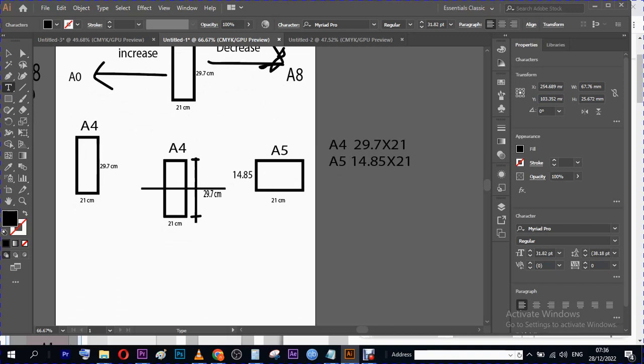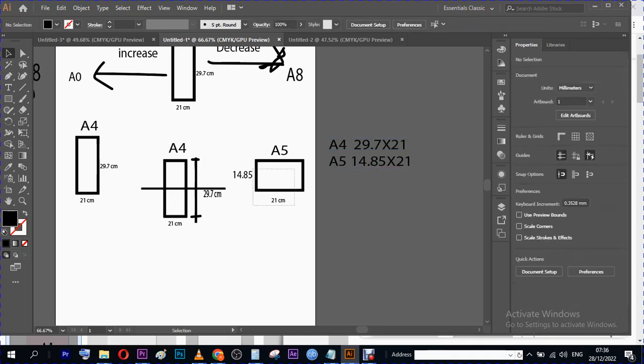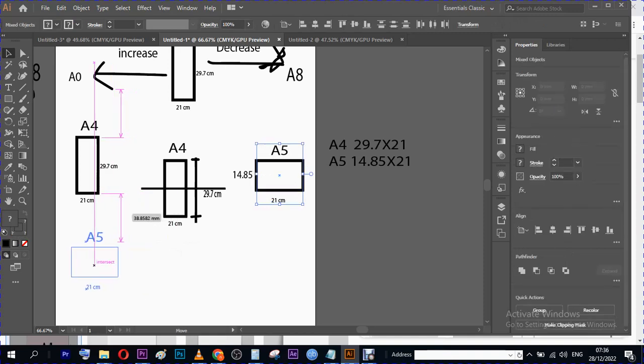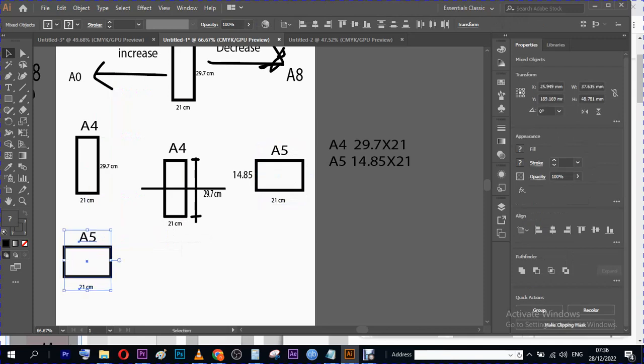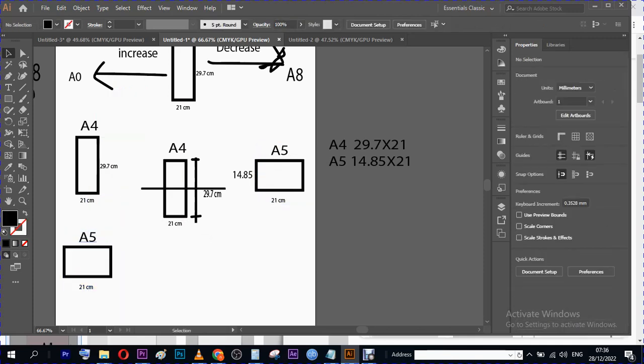So we have an A4, then an A5. Now we are going to be creating an A6. So this is our A5.